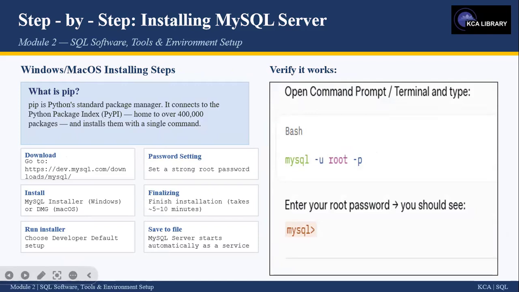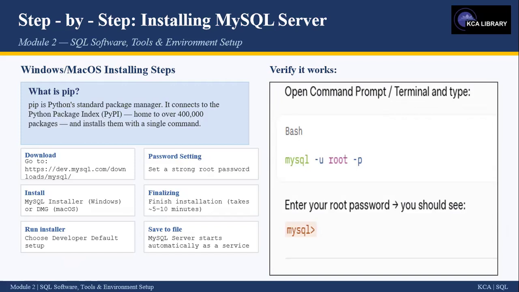Step by step, installing MySQL Server. Now comes the exciting part. Let's install MySQL Server. For Windows and macOS users, go to the official website and download the MySQL installer. Run the installer and choose Developer Default Setup. You set a strong password. You finish the installation, which usually takes 5 to 10 minutes.